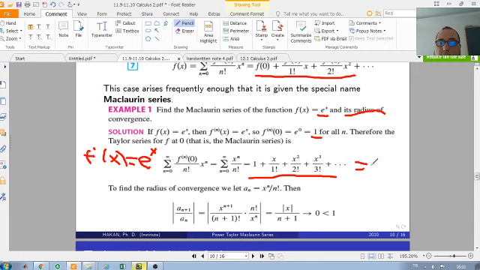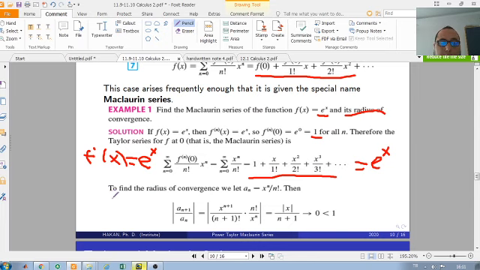Interestingly, it is equal to e to the power x, and this expression is valid for every real number x. You can find e to the power x for every x by using this power series representation.